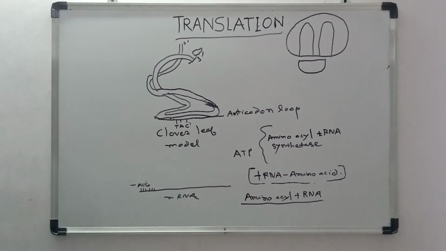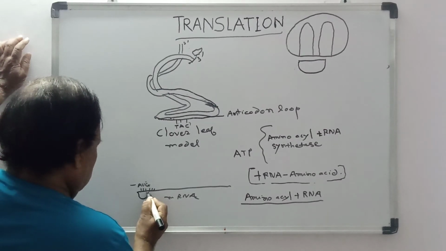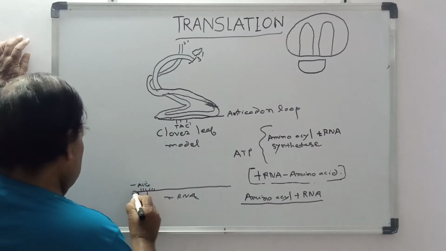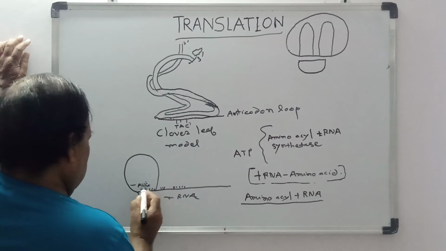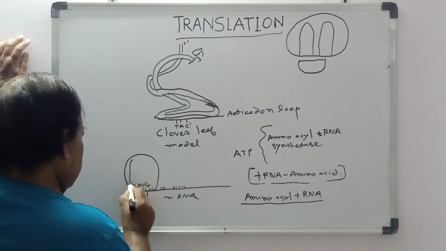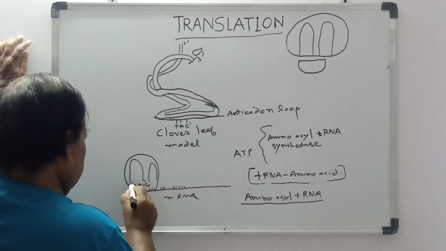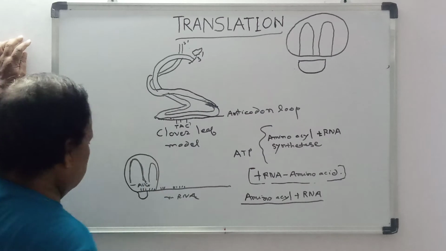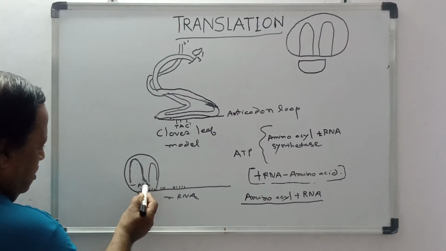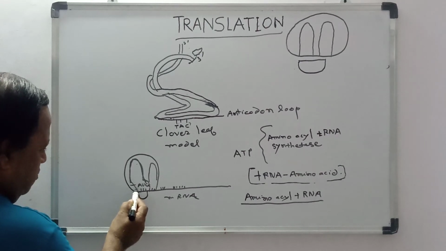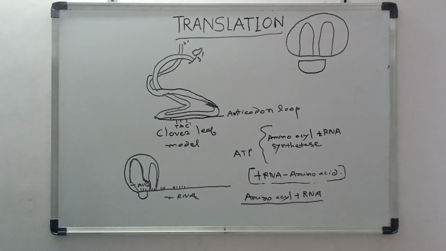So now what will happen? This is the small piece of ribosome and this is the larger one, and these are two sites. Now this site will come over this codon, and they are very close to each other so that the peptide bond can be easily formed.